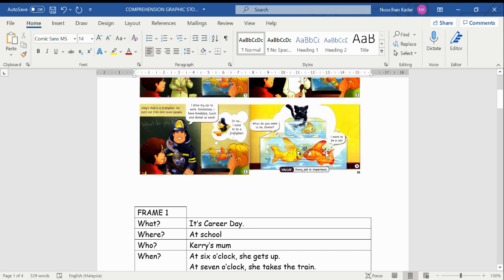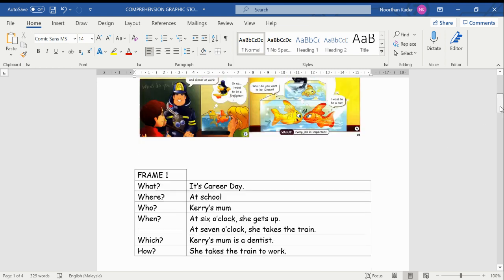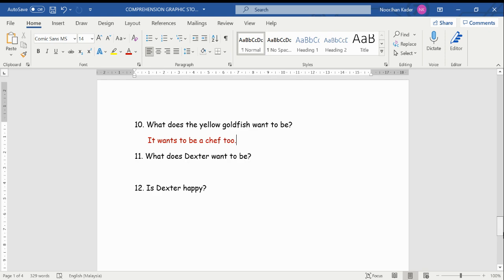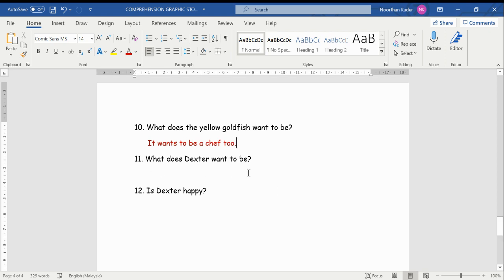Dexter is the orange goldfish. It imagines and murmurs, I want to be a cat. So what does Dexter want to be? You can write, it wants to be a cat.